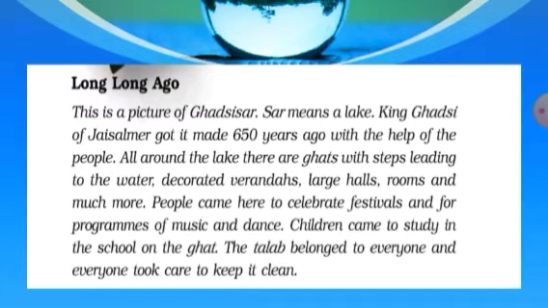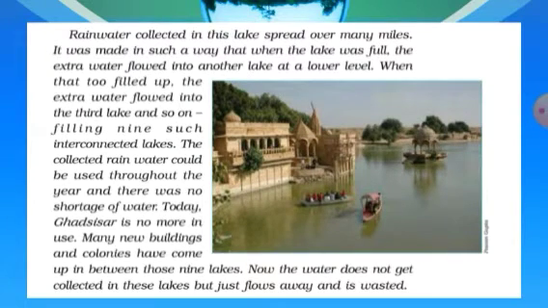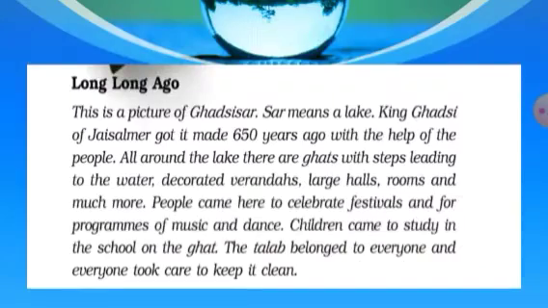Long ago. This is a picture of Gatsi Sar. Sar means a lake. King Gatsi of Jaisalmer got it made 650 years ago with the help of the people. All around the lake there are ghats with steps leading to the water, decorated verandas, large halls, rooms and much more.